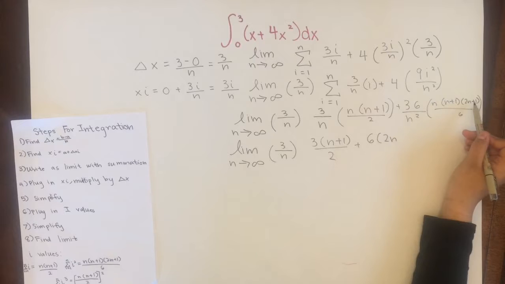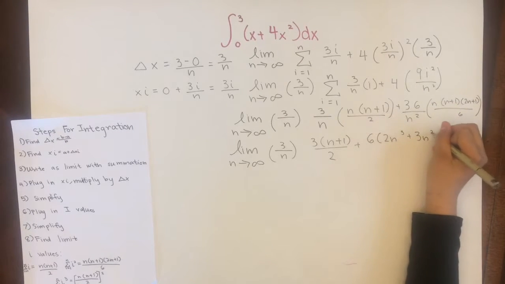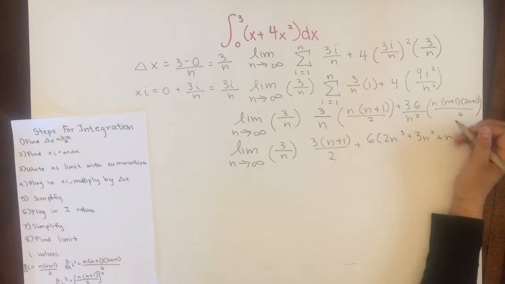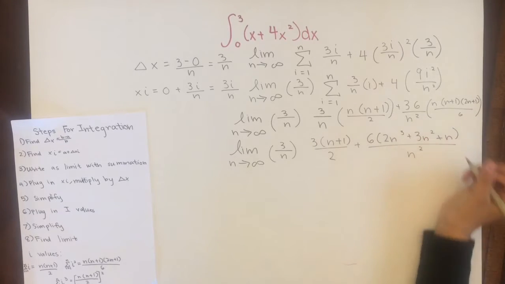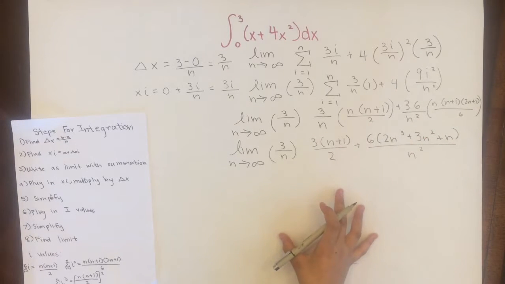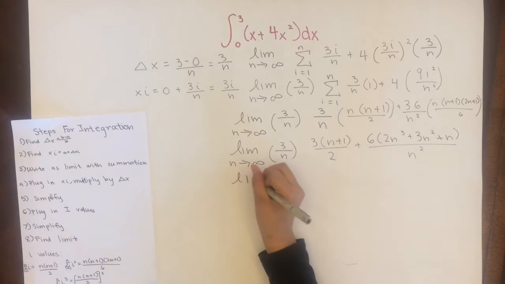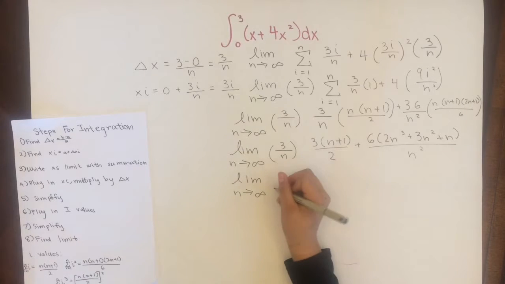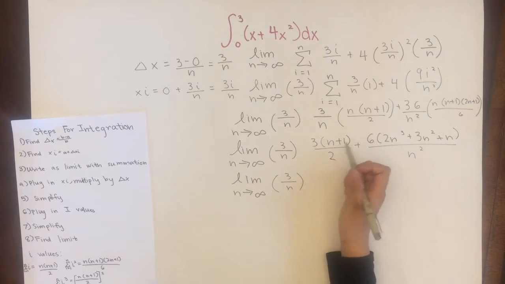And then you can also simplify this by multiplying it out and getting this 2n cubed plus 3n squared plus n. And then you have to put everything over n squared once again. And now we can do even more simplifying once again and keep multiplying everything together to make simpler terms.